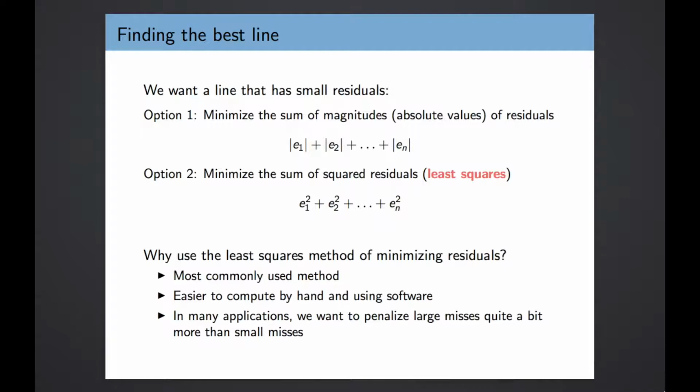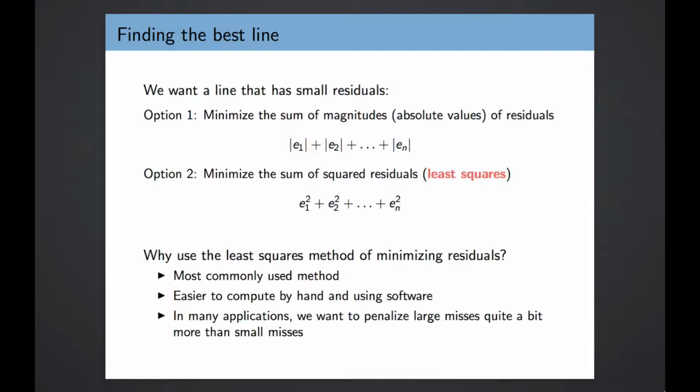So we're trying to find the least sum of the squared differences from the data points to the regression line. And it turns out that minimizing the sum of squared residuals is the most commonly used method for this minimizing residuals condition that we want to satisfy when we're trying to find this best line.